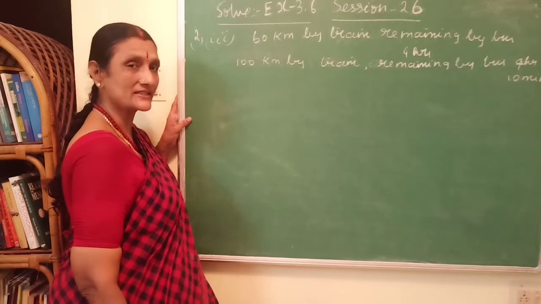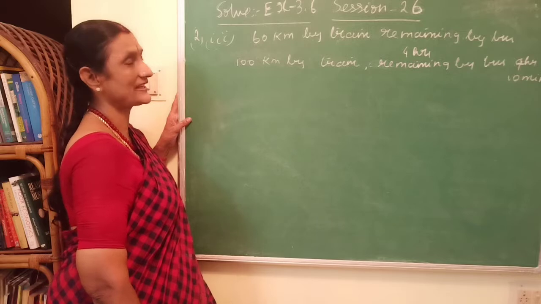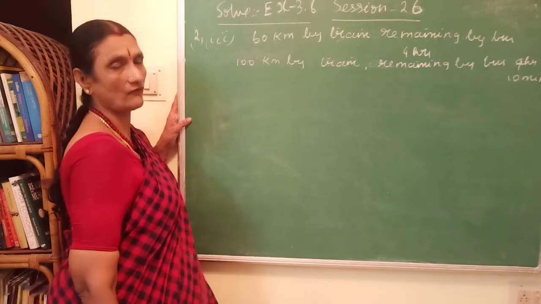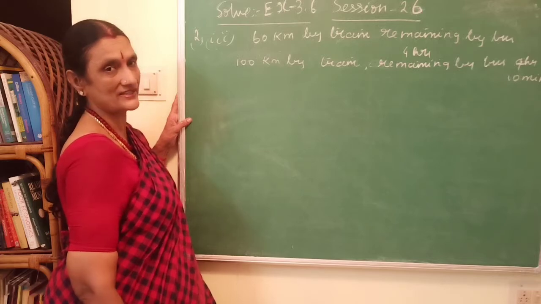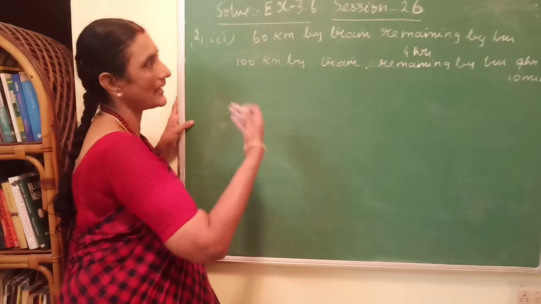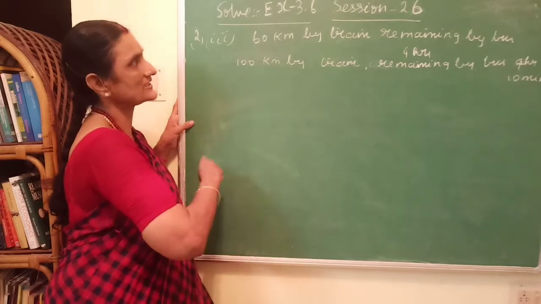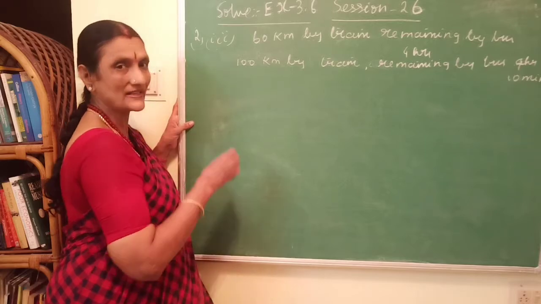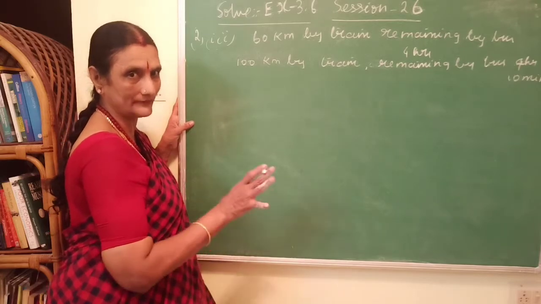Out of the total distance of 300 kilometers, she takes 60 kilometers by train, and the remaining is 300 minus 60, which is equal to 240. So 240 kilometers she travels by bus and 60 kilometers by train. So from the STD triangle, you know what the time is. We can calculate it for both, isn't it?